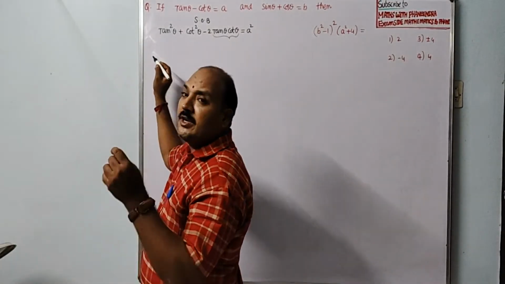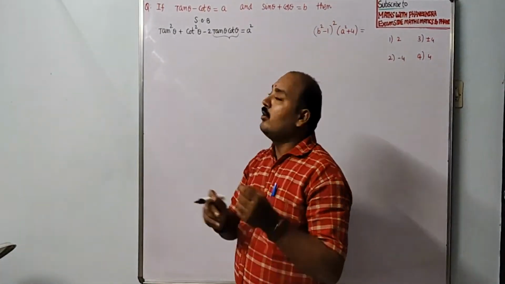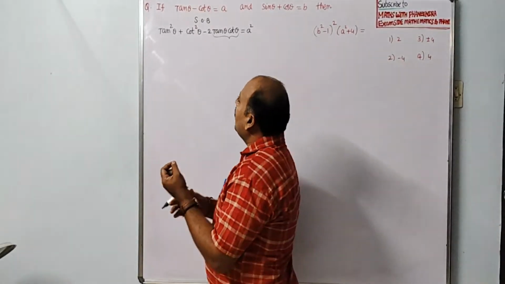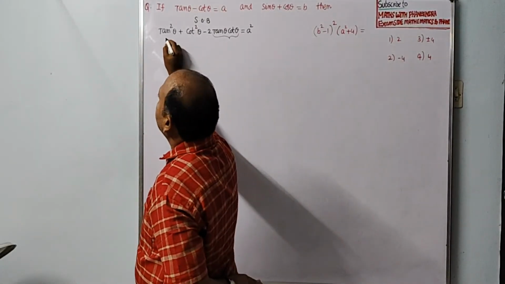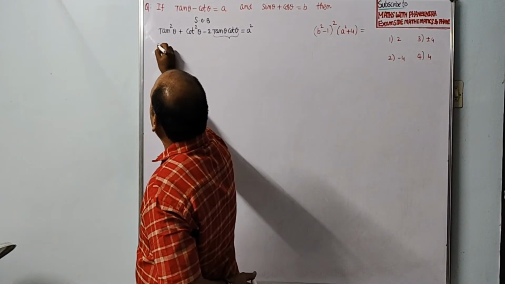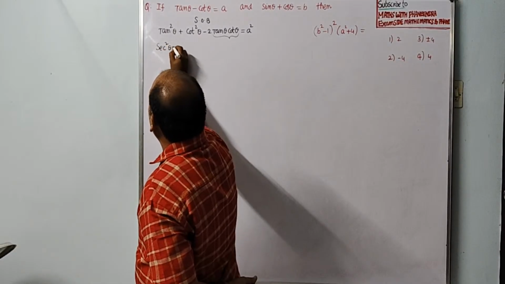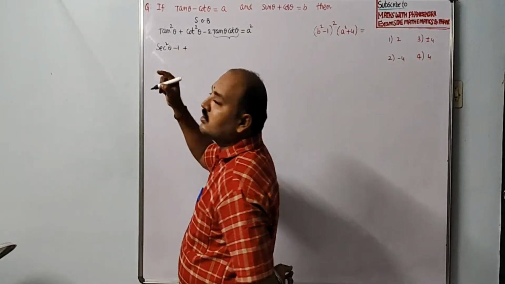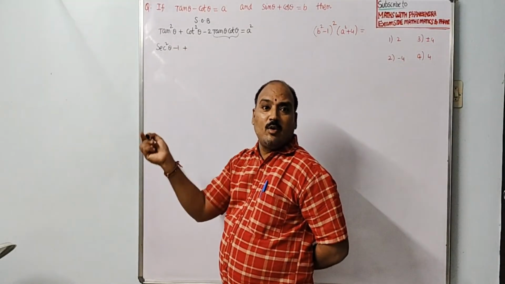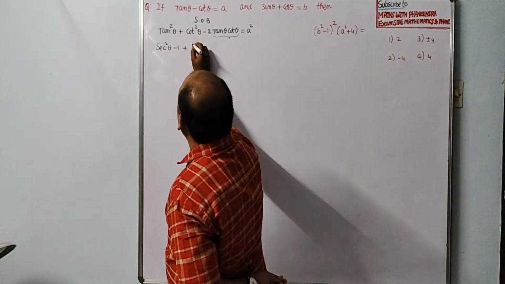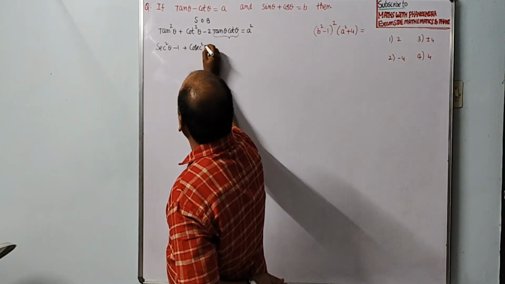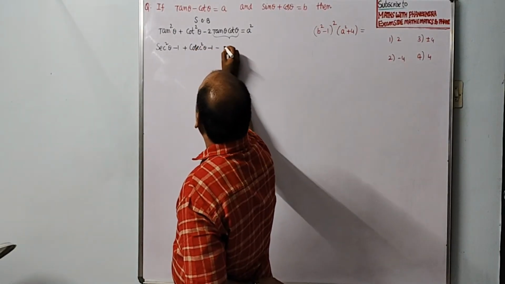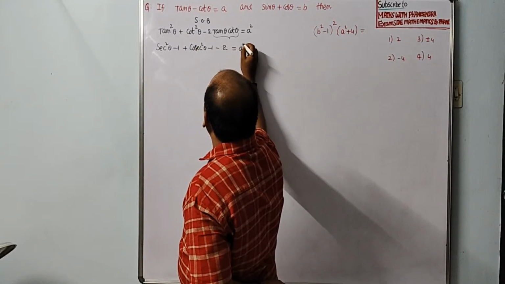So tan square theta, in terms of secant, is secant square theta minus 1, plus cosecant square theta minus 1 for cot square theta, minus 2, equal to A square.